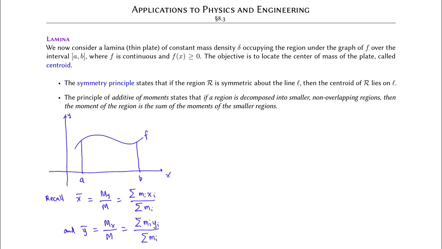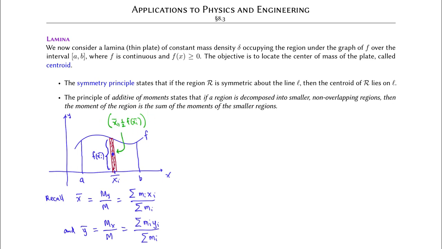But this lamina is not a system of particles, although we can assume that there are infinitely many particles of constant mass. We then slice the thin plate into n subintervals to obtain n rectangles. The ith representative rectangle has the center of mass at x_i bar and 1/2 f of x_i bar.